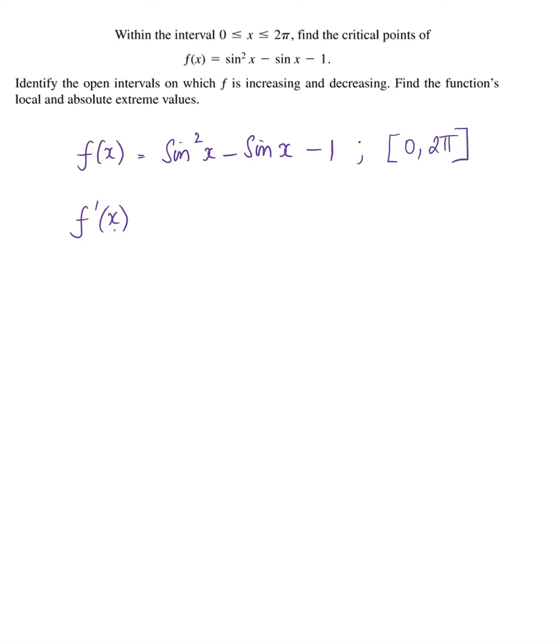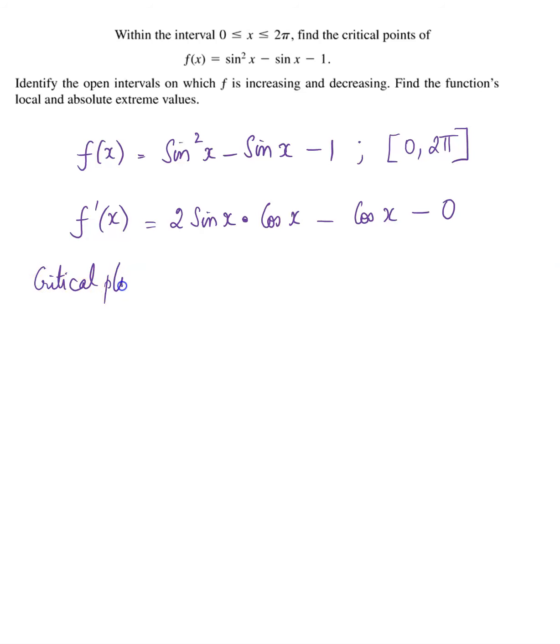So first we need to find the critical points. Take the derivative here, and always remember chain rule kicks in. So derivative of the outside times derivative of the inside, derivative of sine x is cosine x.